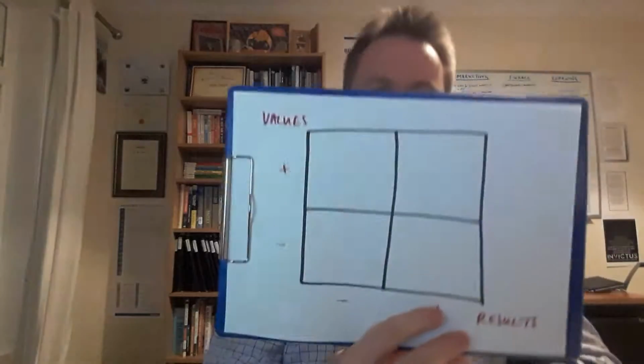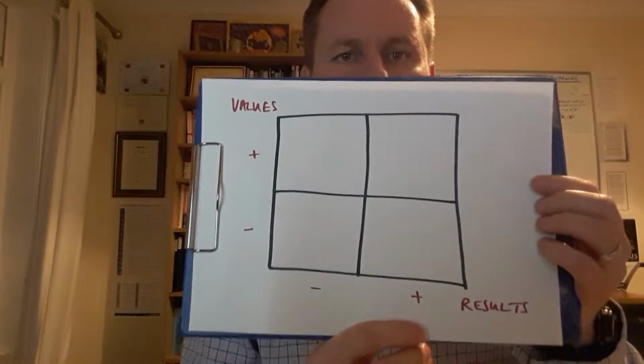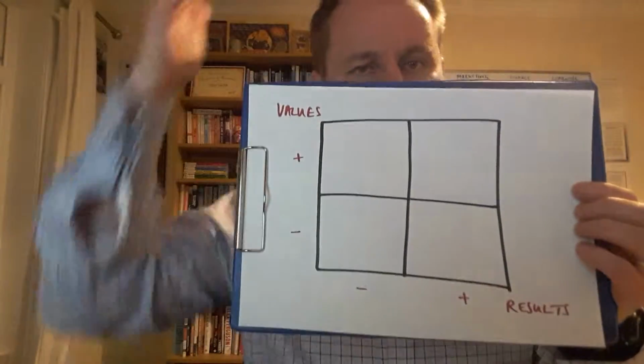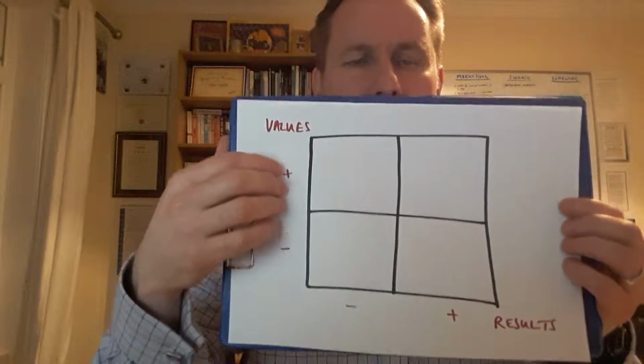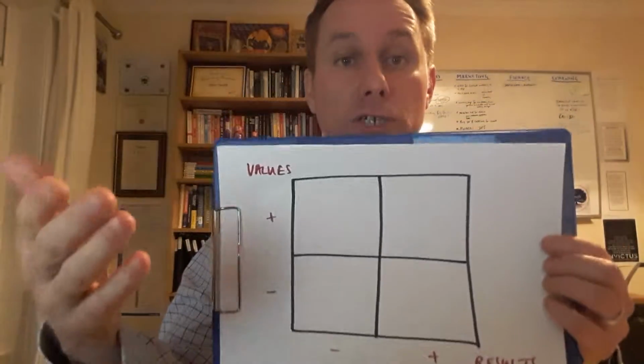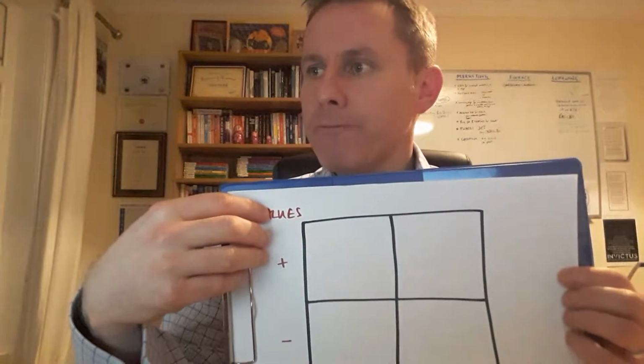So there's a 4-box model or tool that can be quite helpful, and I've pre-drawn a couple of things here. This tool really just has down this axis values, and values really means do they identify with the culture, the points of culture for your business.